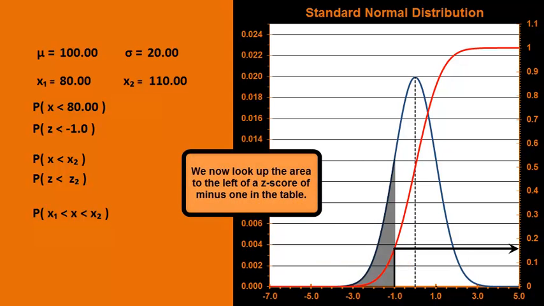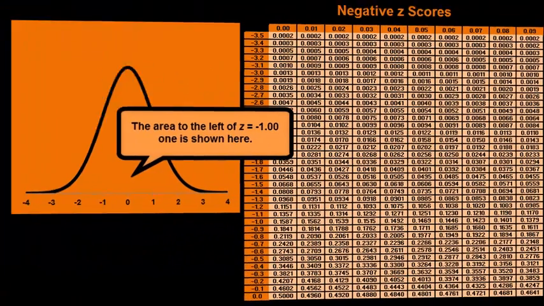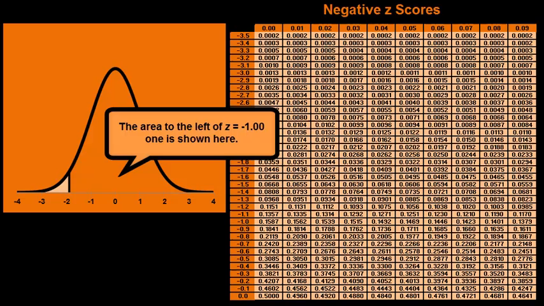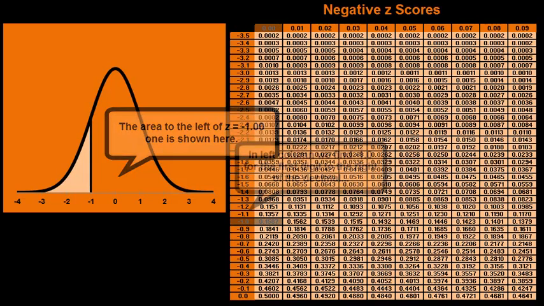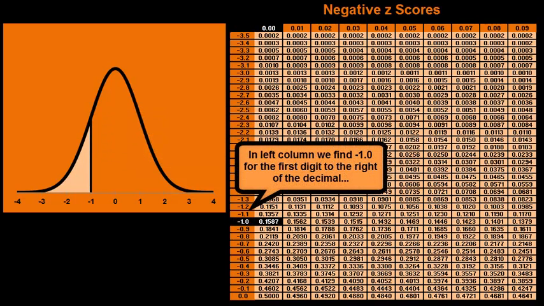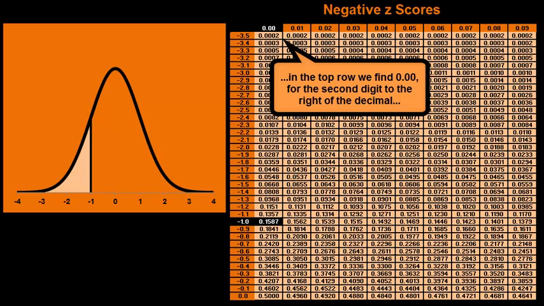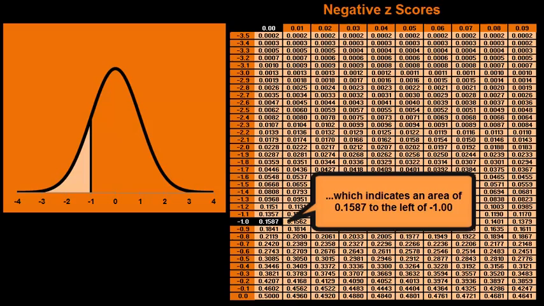We now look up the area to the left of a z-score of minus 1 in the table. The area to the left of z equals -1 is shown here. In the left column we find -1.0 for the first digit to the right of the decimal. In the top row we find 0.00 for the second digit to the right of the decimal, which indicates an area of 0.1587 to the left of -1.